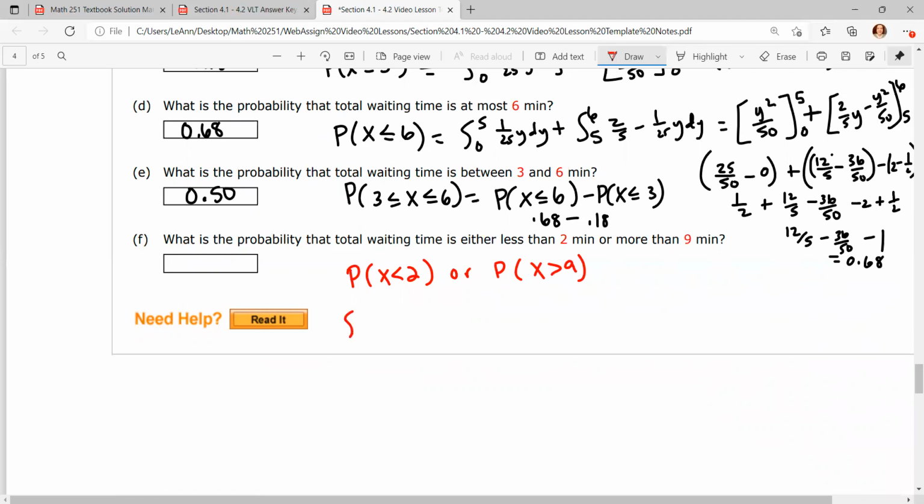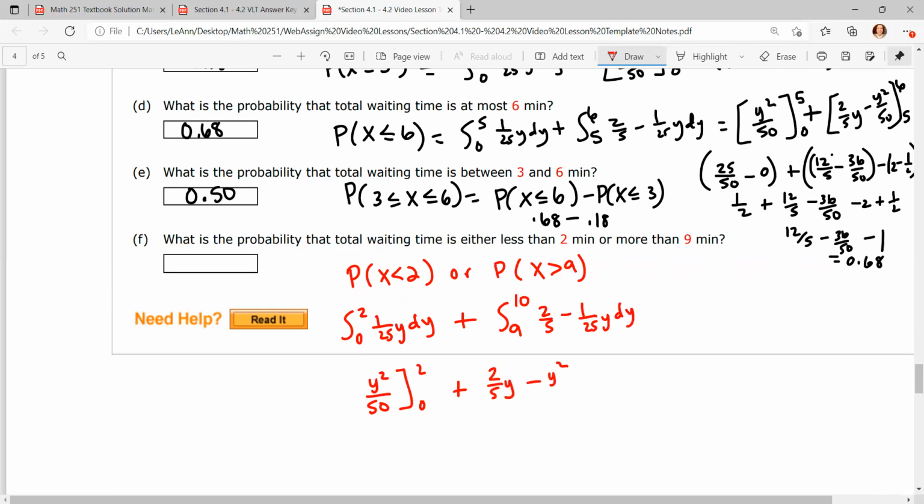That's going to be the integral from 0 to 2 of 1/25 y dy, plus, because it's an or, the integral from 9 to 10 of the second branch, which is 2/5 minus 1/25 y dy. For this one, we'll be plugging in to y squared over 50. That's the antiderivative from 0 to 2, plus, this one's antiderivative was 2/5 y minus y squared over 50 from 9 to 10.